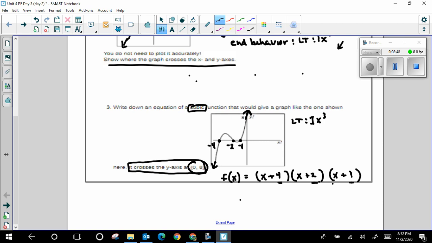So if I plug in 0 there, I have 0, 8, so that works. And my lead term would be x to the third, if I multiply just my first terms. So my end behavior works, everything works out. So that's going to be the function I need.